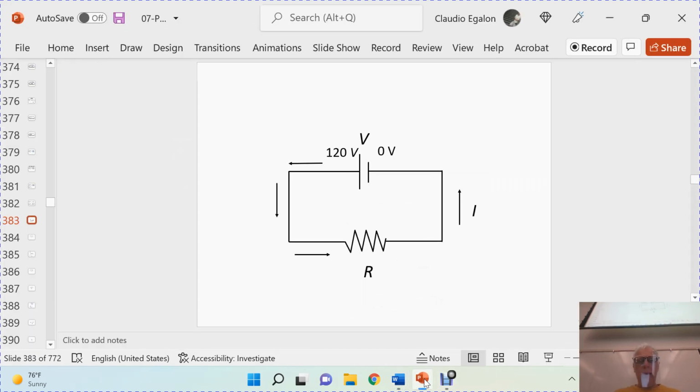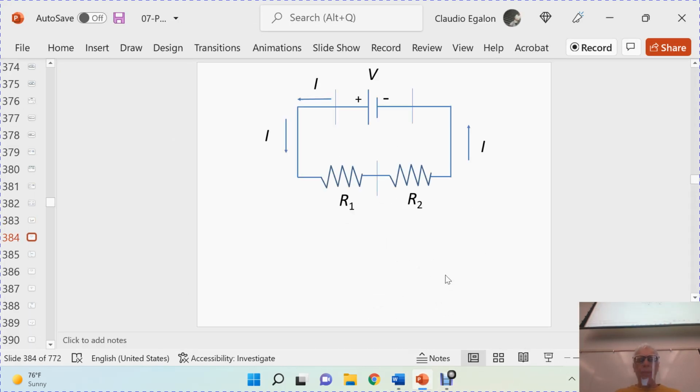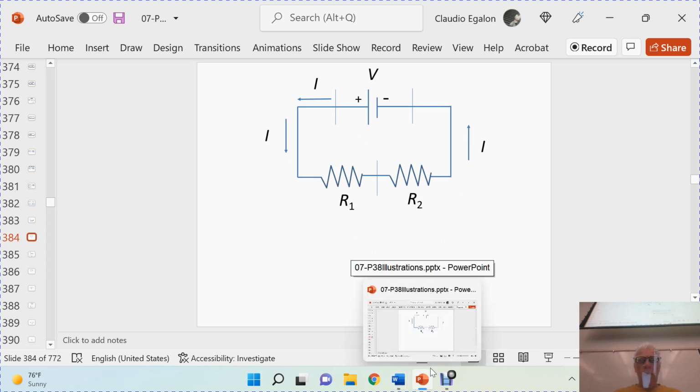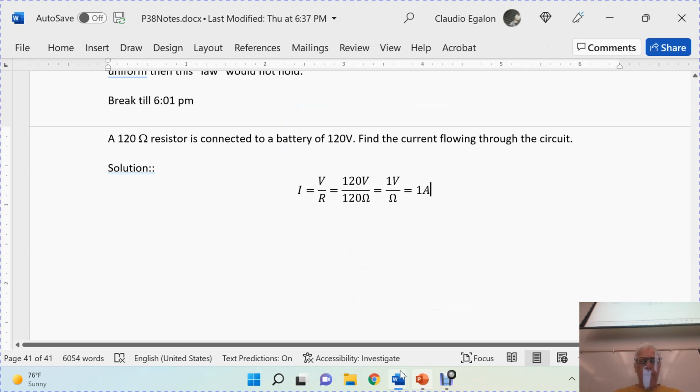Now let's look at the next one. Two resistors in series. We did that before in the lab. Two resistors are connected in series to a battery. Here you go.